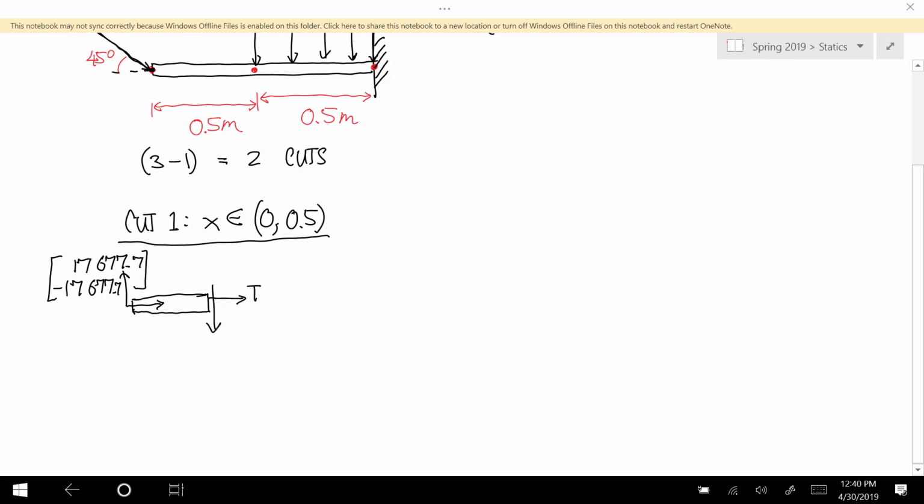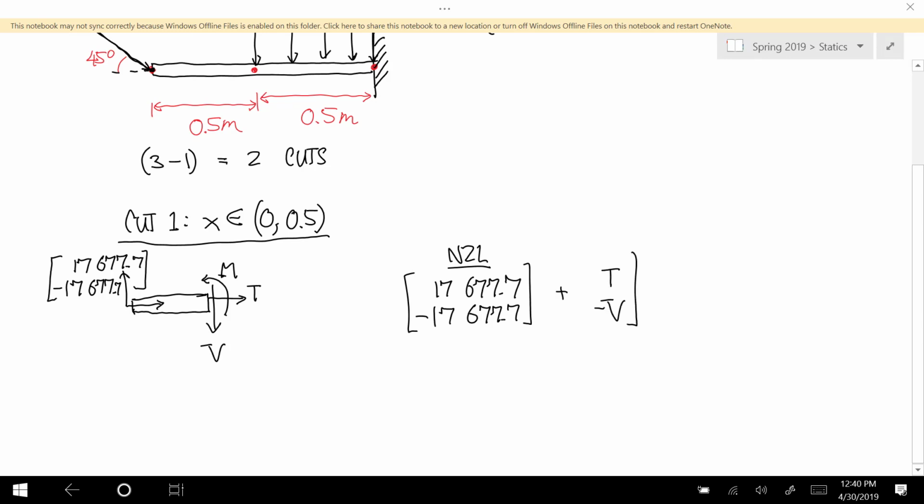So, the internal loads T, V, and bending moment. Newton's second law says negative 17,677.7 plus T negative V is equal to zero. And so T is equal to negative 17,677.7.